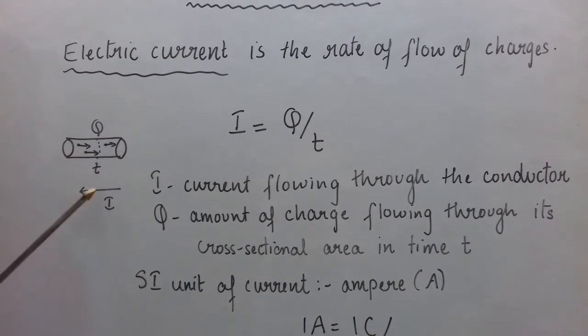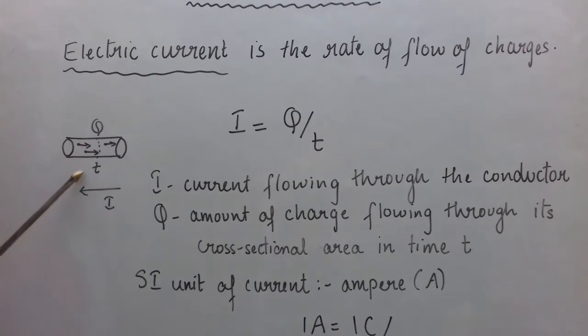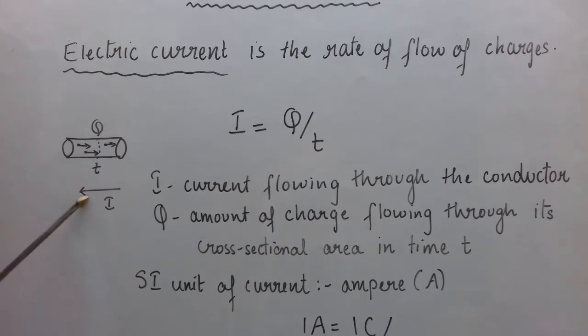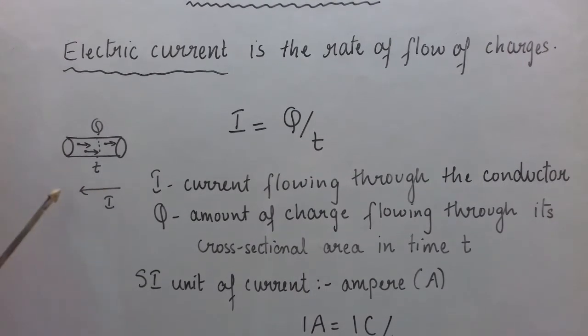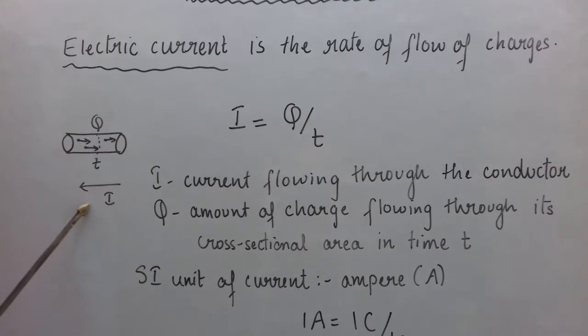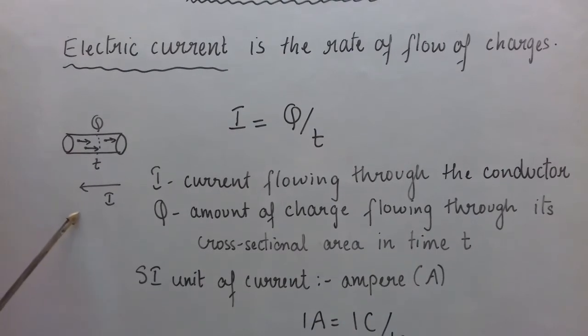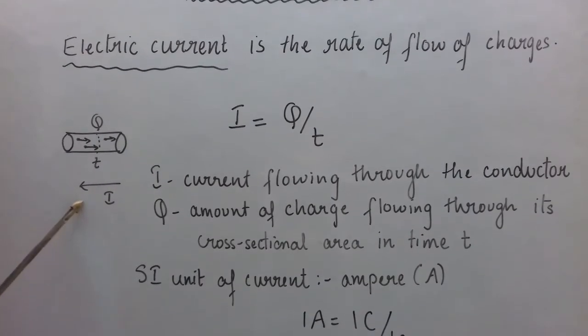So we take the direction of current as opposite to the direction of flow of electrons. Remember this. In an electric circuit you have a cell or a battery with a positive and negative terminal. The direction of electric current is always taken from the positive terminal towards the negative terminal of the cell.